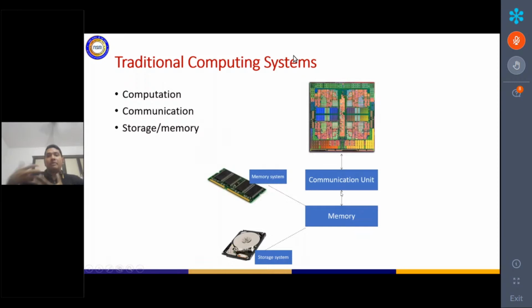Now, if your memory is on chip, then you have on-chip interconnect. And if your memory is staying outside, like dynamic memory, like DRAM, or your storage system, these are often housed outside of the chip, and then you need off-chip interconnect to get access to these memories, right?